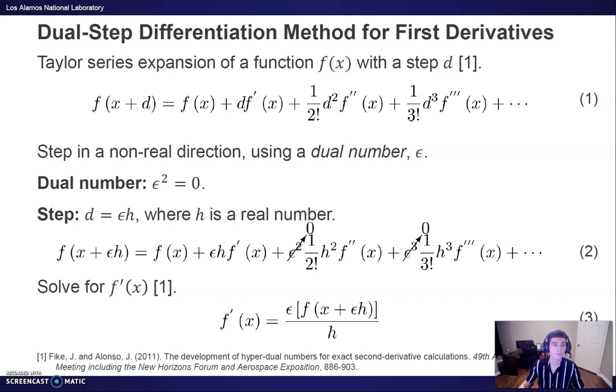So applying this step in a non-real direction, we use a dual number, which I denote as epsilon, where a dual number is defined under the constraint that epsilon squared is equal to 0.